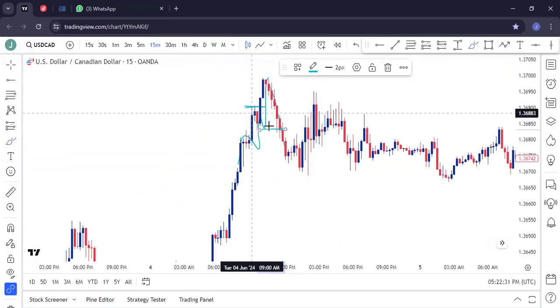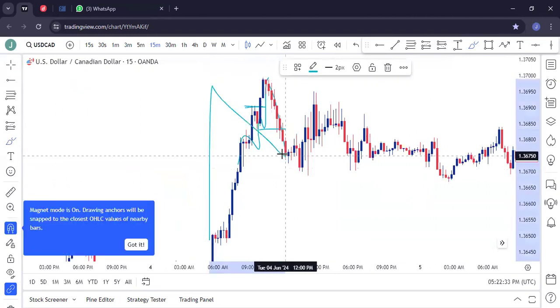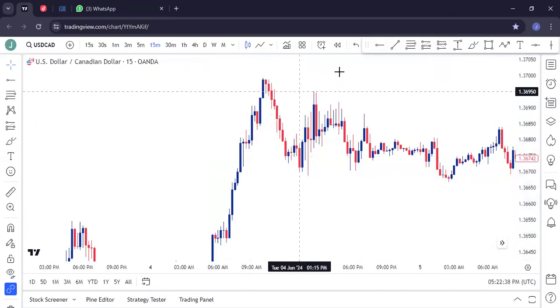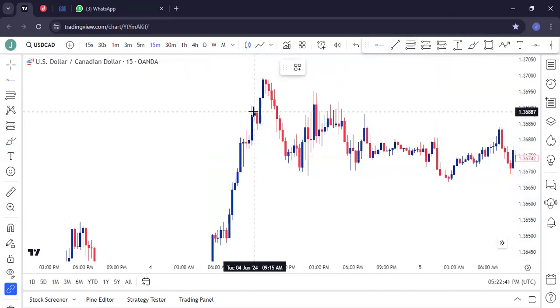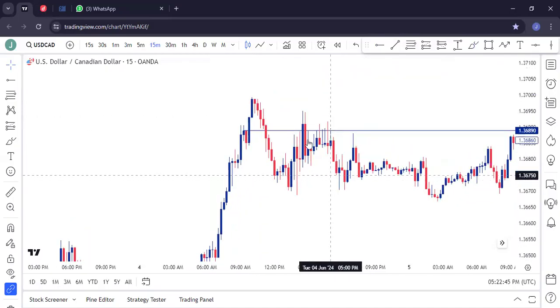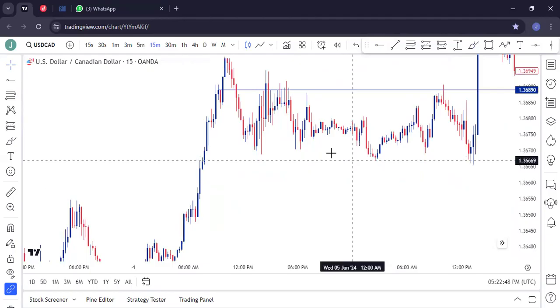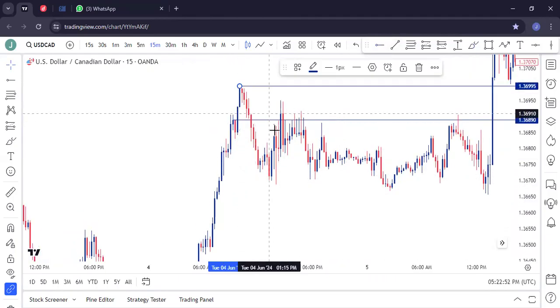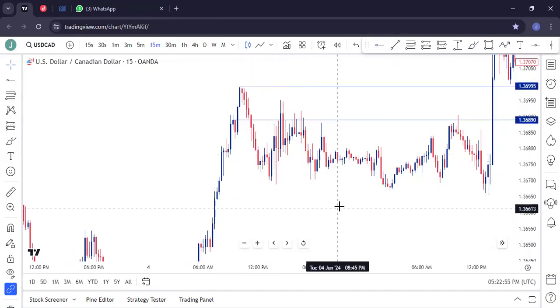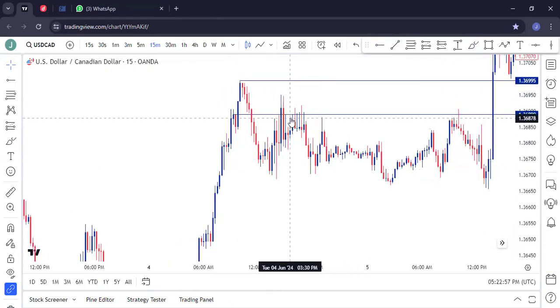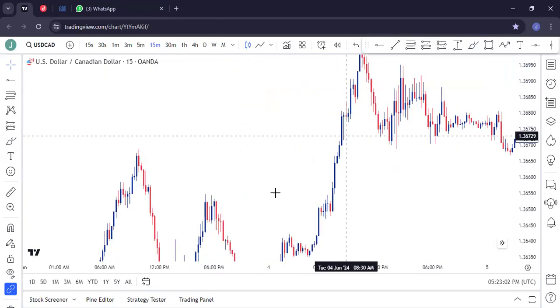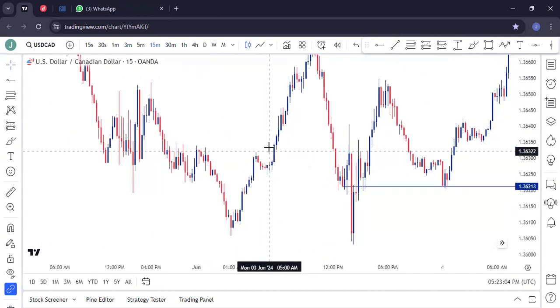After this change of character, the market came back to this point, this simple liquidity engineering, then the market sells. And the stop loss, you can put it there. Another example.